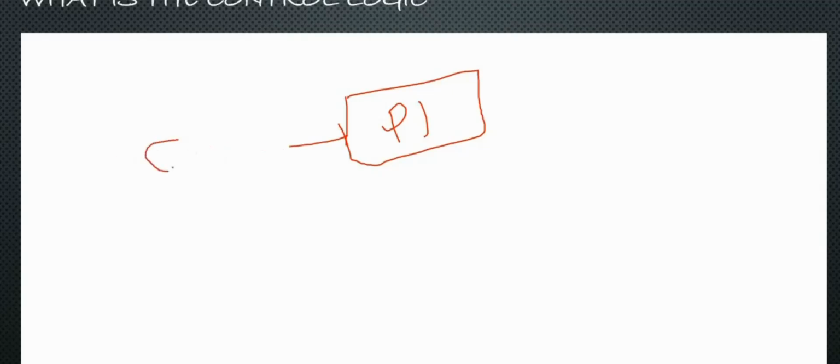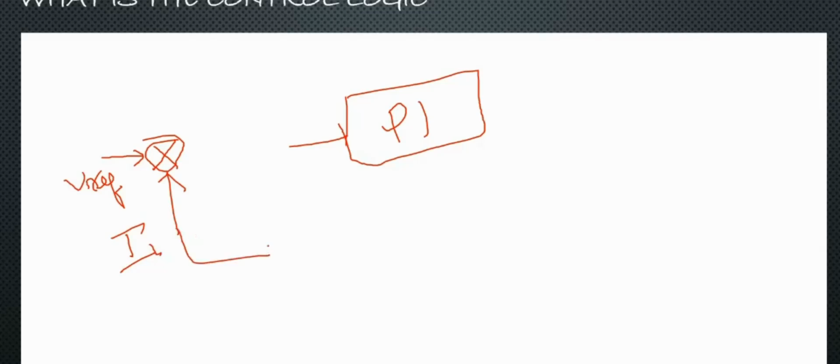What we do is we have a PI controller, to which we feed in the reference voltage. We feed back the current through the inductor as a V reference.